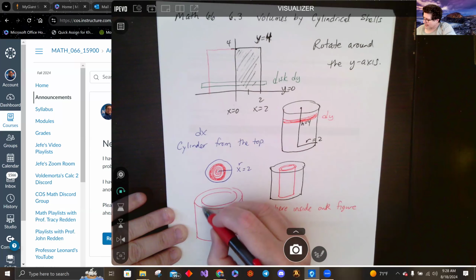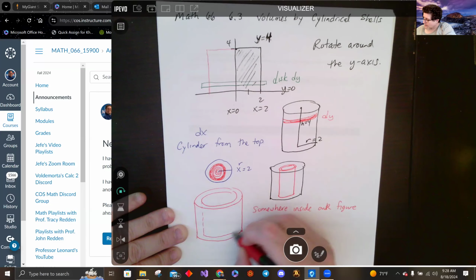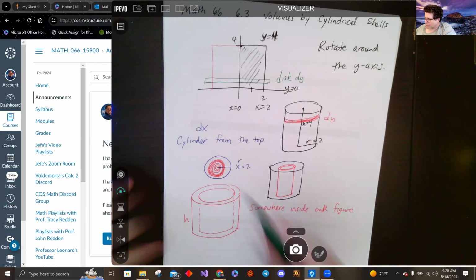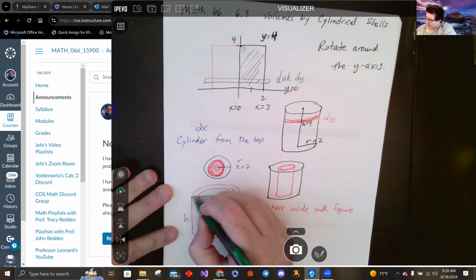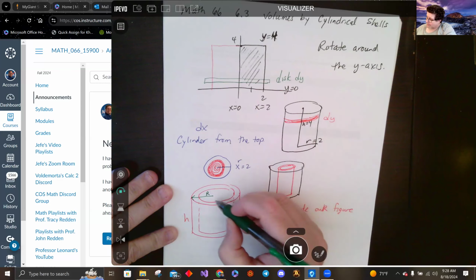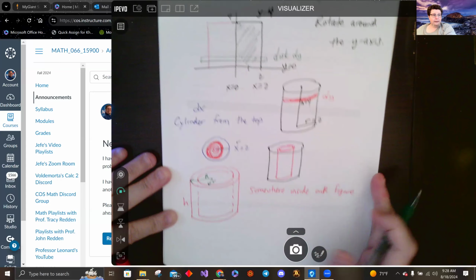So it clearly has a height. We've got a height here. We have an outer radius here. Let's call the outer radius R, a big R, capital R. And let's call the inner radius little r.